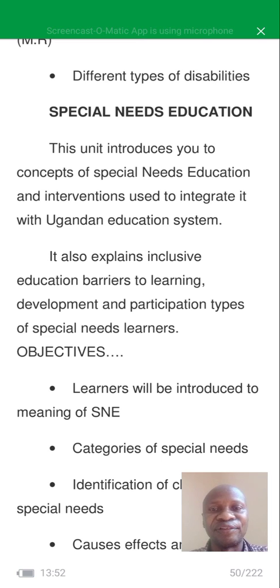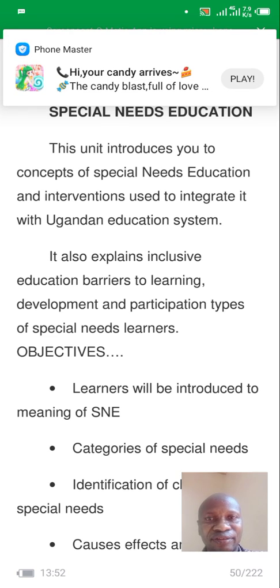So this course unit introduces you to the concepts of special needs education and interventions used to integrate it with the Ugandan educational system. It also explains inclusive education, barriers to learning, development and participation, and types of special needs learners.